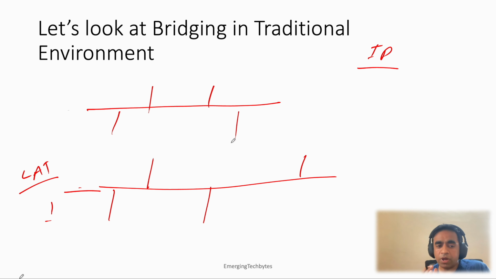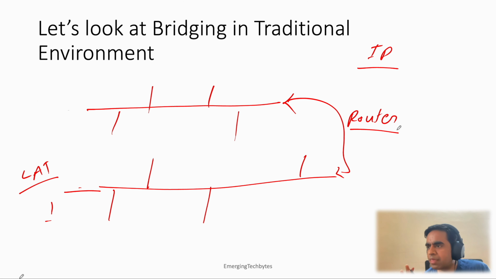Now, the people who invented LAT were in trouble because it was only designed for a single Ethernet segment. So, if you want to communicate from here to here, the simple answer that we know today is you need a router, right?